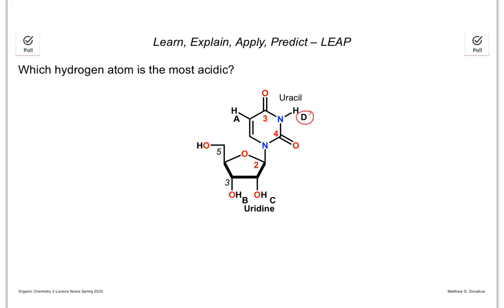So that stabilizes the resultant base, therefore making that the most acidic proton. Meaning if it's the most acidic, it's more likely to participate in hydrogen bonding. And so that analysis will help you understand how these things come together in the ratios they do.